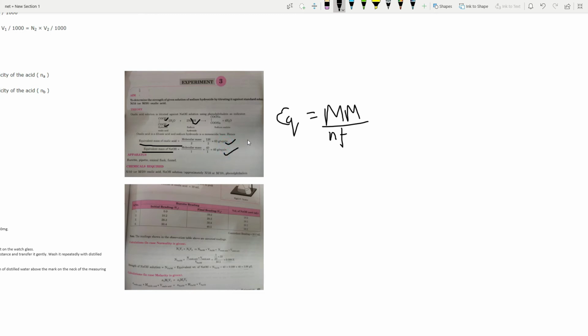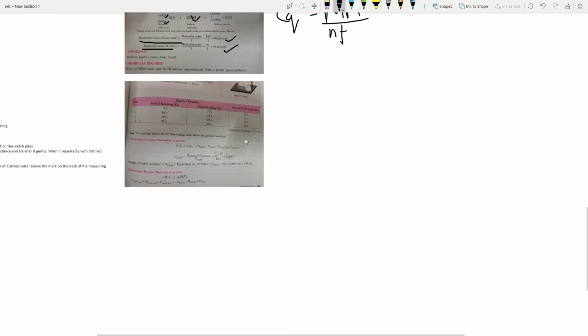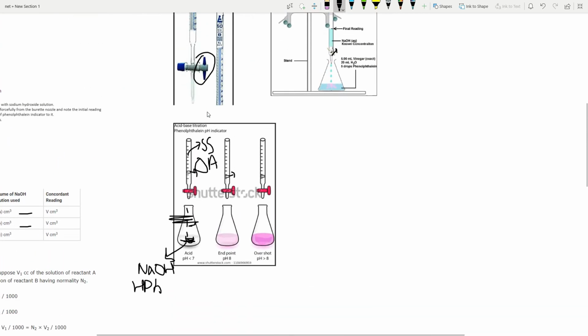Then you perform your experiment and find your values of initial and final reading. For the burette the start is 0, and whenever you stop, you write the reading and subtract, and you get your value. Then you need to pipette out.